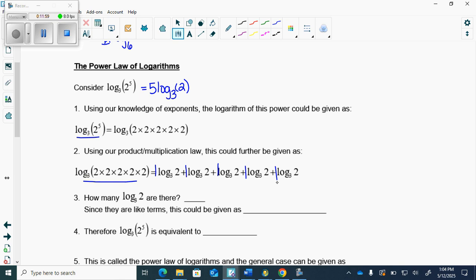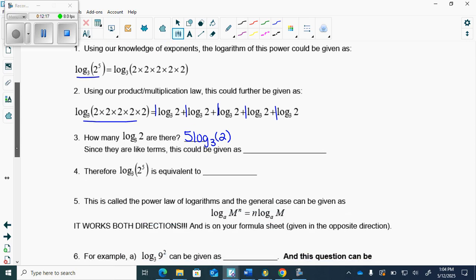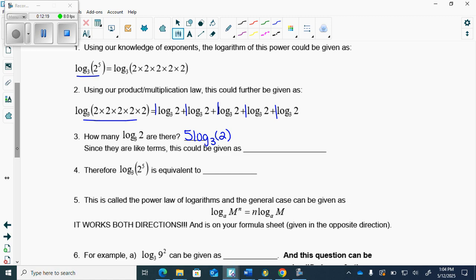There are 5 log base 3 of 2. So I went from this to that, correct? I went from having the exponent up to having the exponent in front, and them being equivalent. All right. So therefore, log base 3 of 2 to the 5 is equivalent to 5 log base 3 of 2.